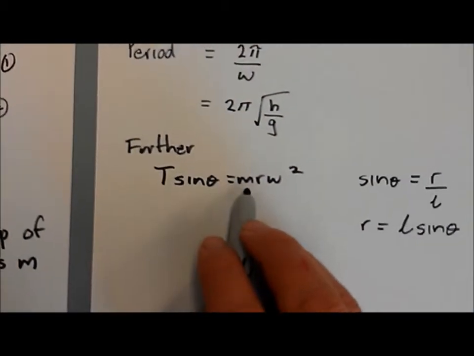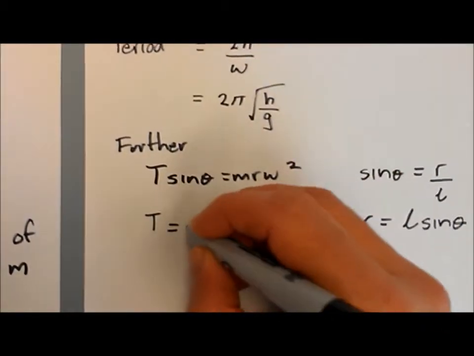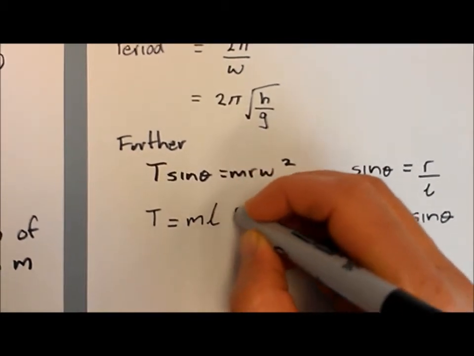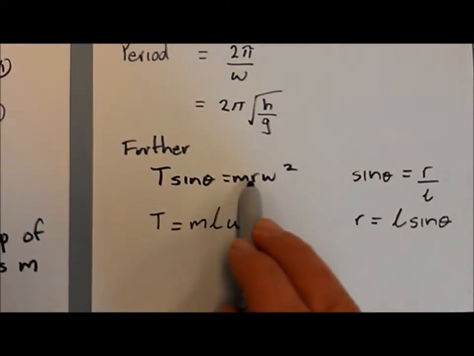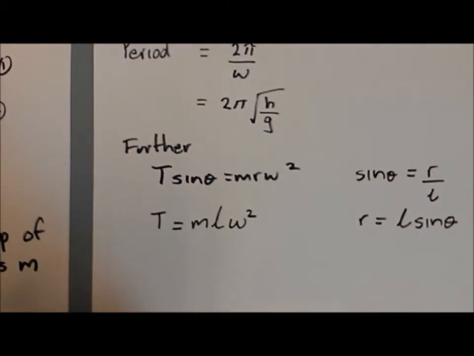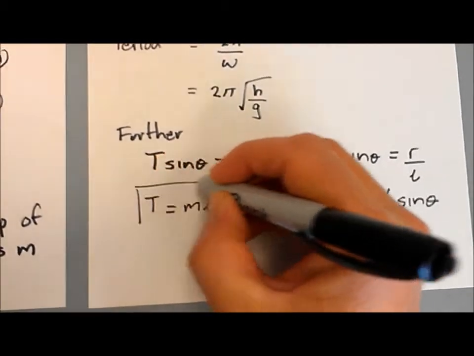Substituting that in here means I can eliminate theta from the equation, and I get T is equal to m l omega squared, with r being l sine theta and the sine theta cancelling out from both sides. That's a useful equation to remember.